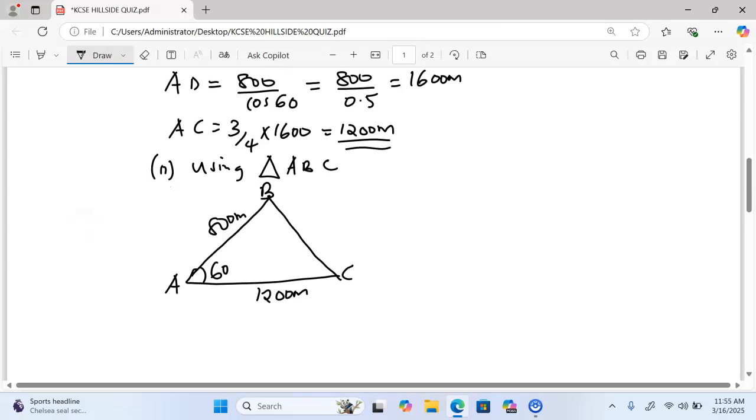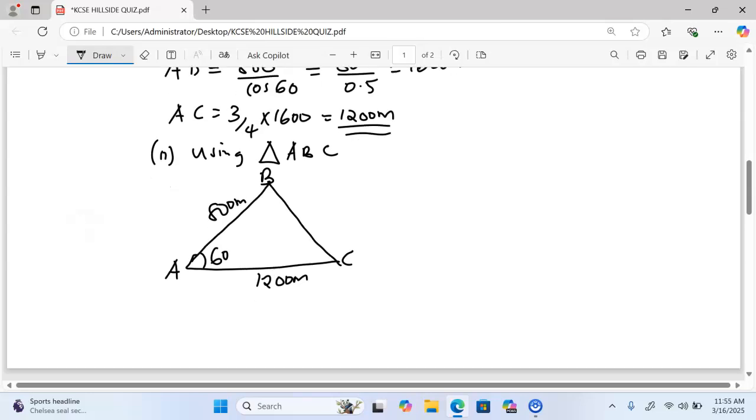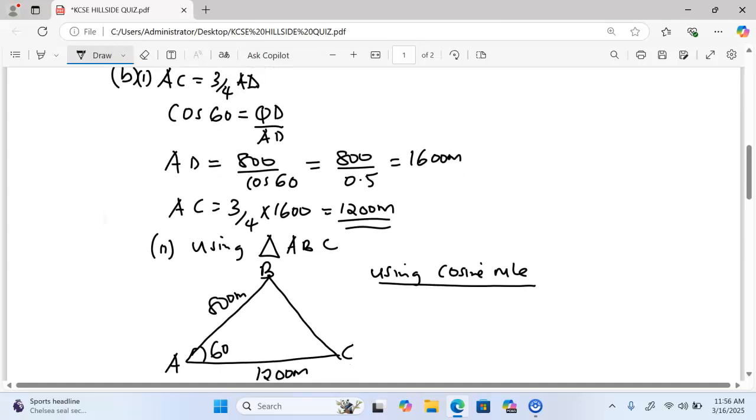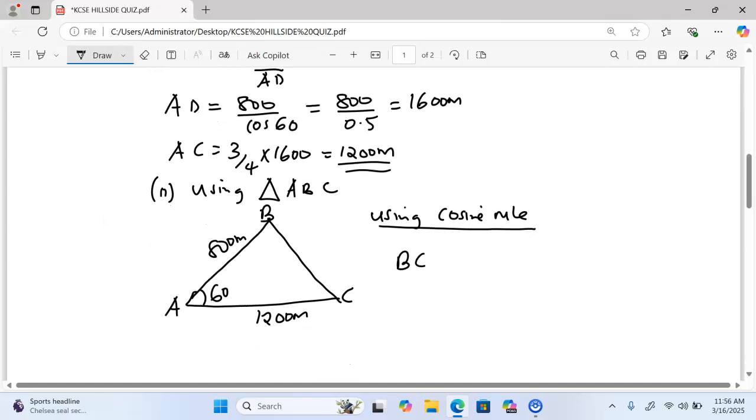Now using the cosine rule, remember, what we need is the distance BC, and therefore BC squared is going to be equal to the squares of the two other sides, which is 800 squared plus 1200 squared, minus twice times 800 times 1200, then the cos of angle A, which is 60 degrees.